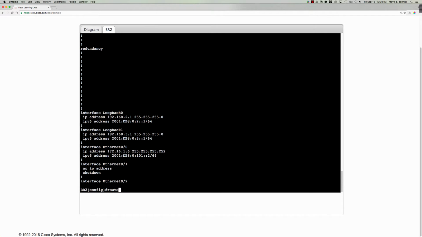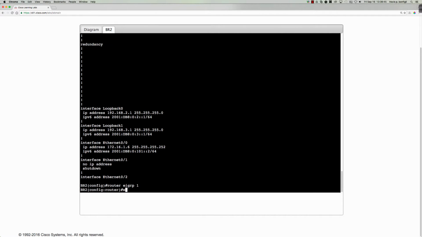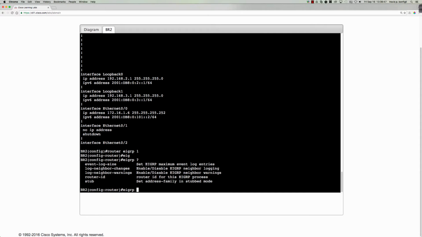I could say router EIGRP 1, and if I were to say EIGRP and put a question mark, the last option that you'll see with 15.4 code, I think it's 15.4.1, is right there. It will say upgrade-CLI. And this is an extremely convenient way to convert classic mode EIGRP configurations into named mode configurations.